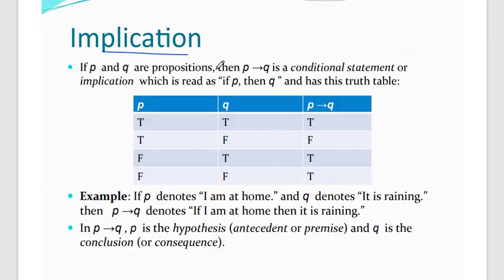Next, implication is if P then Q. If P is possible, then I will do it.